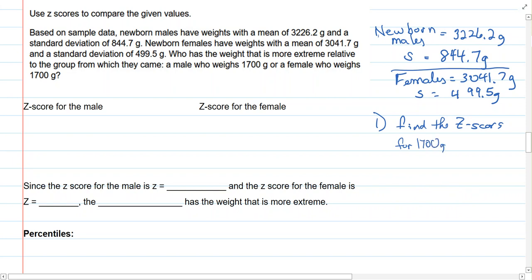For the male, the z-score is going to be 1,700 minus the mean, which is for the males, 3226.2, sorry about that. My eyeballs are really clouding on me. I might stop in a minute.